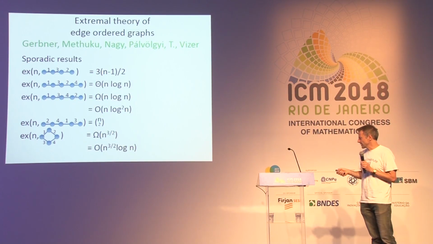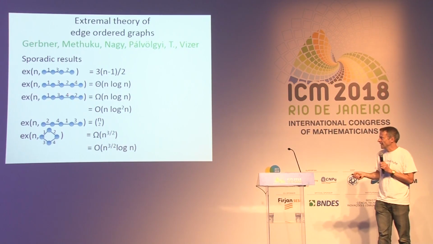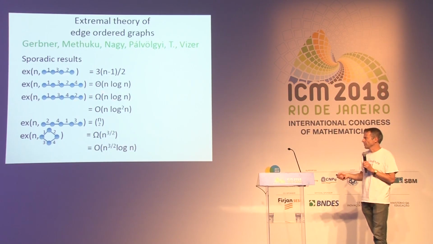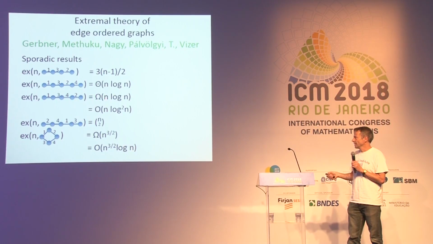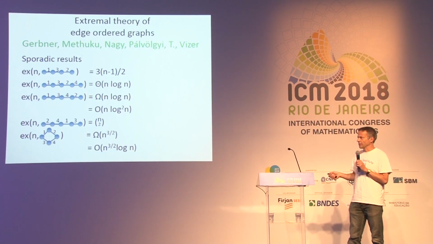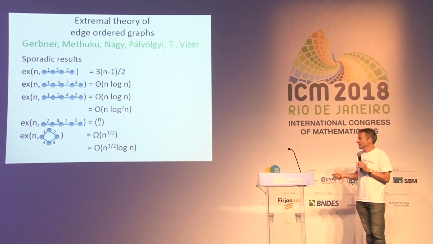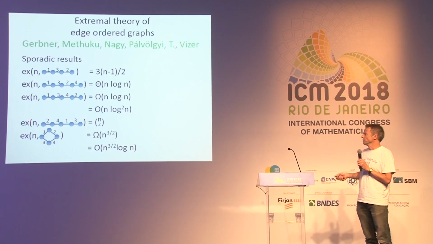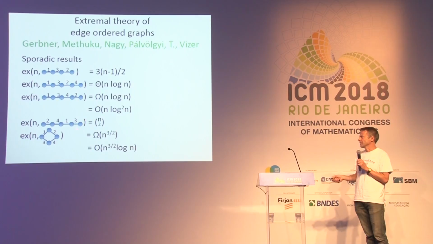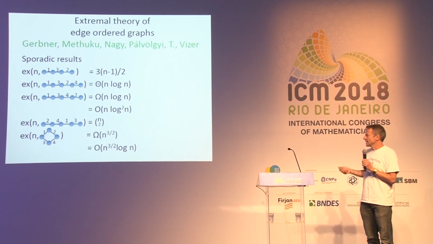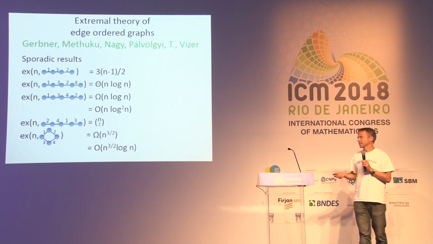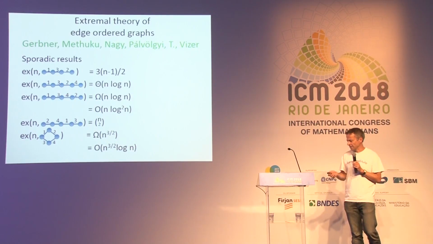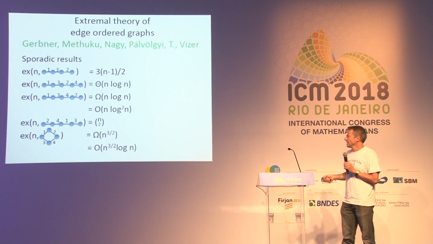It would be interesting to find a path where the extremal function is bigger than n log n. If it's n log squared n, then that would be especially good. And don't be fooled by this one. This has a quadratic extremal function, but that's because of chromatic number reasons that I will speak about later.